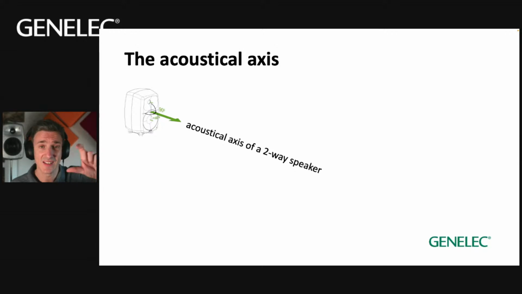And of course, these have to mix because you want to listen to the complete signal, not woofer alone or tweeter alone. And therefore, we have this acoustical axis. With two-way speakers, this is usually just exactly between the tweeter and the woofer. So for our 8000 series, for example, it's usually at the end of the waveguide.